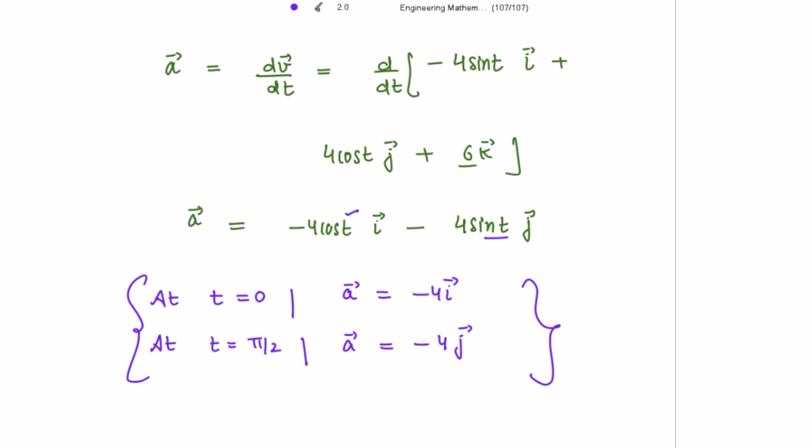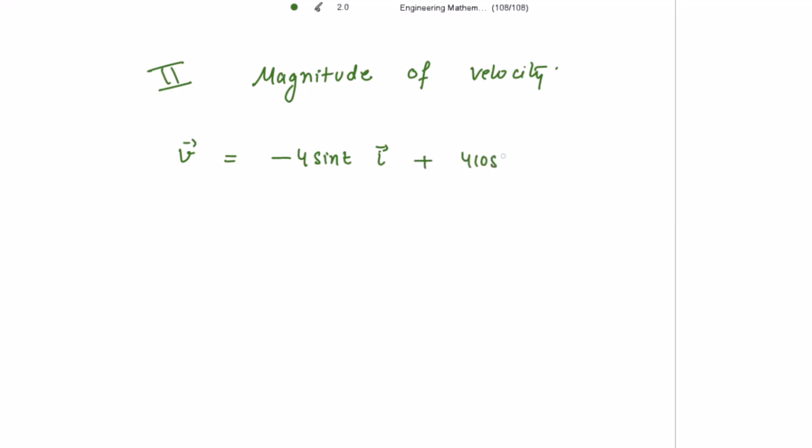And now we need to find the magnitude of velocity and acceleration, the second part. In the second part, we need to find the magnitude of velocity and acceleration at any time t. So for the magnitude of velocity, we have found our v vector to be equal to minus 4 sine of t i vector plus 4 cos t j vector plus 6k vector.